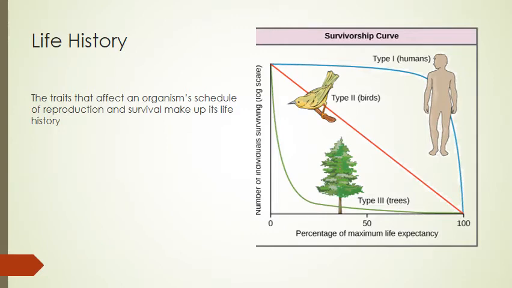Some of the life history traits of these organisms are going to be like life expectancy, which can be determined by the number of individuals surviving. For humans, we have a lot of individuals surviving and a very long life expectancy, because we invest a whole lot of resources in raising a human.